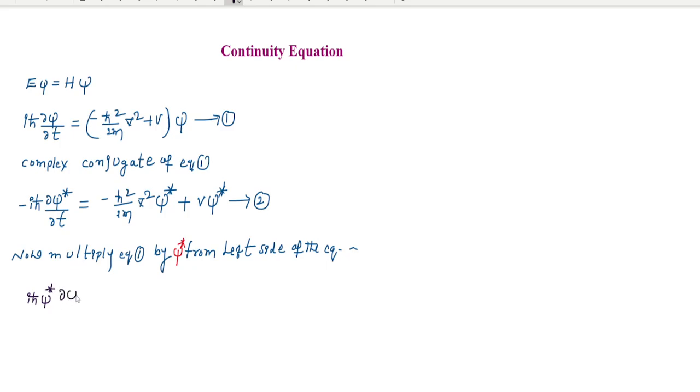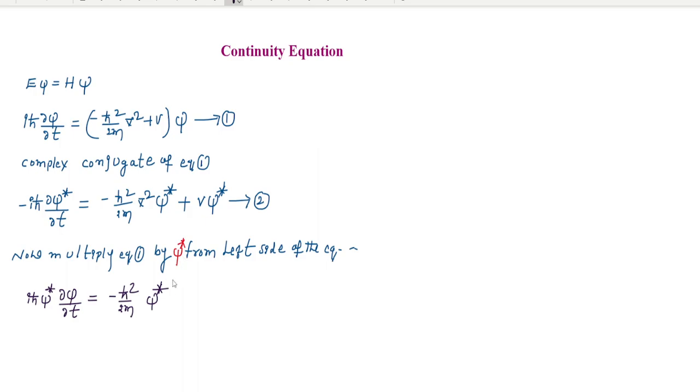and wave function equal to minus h cross square divided by 2m, a constant value. So before the operator, we need to multiply the complex conjugate of the wave function. This is the space coordinate, right?